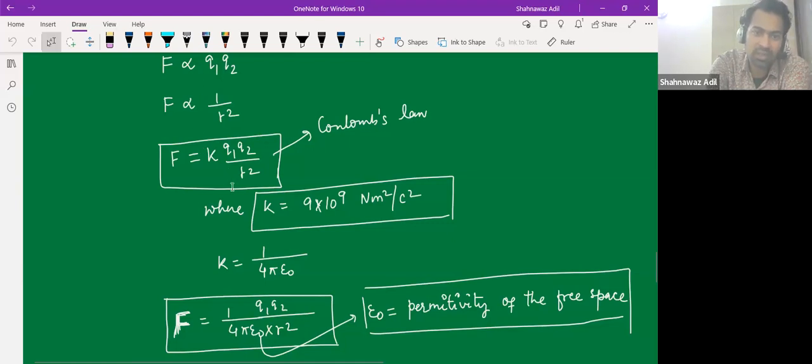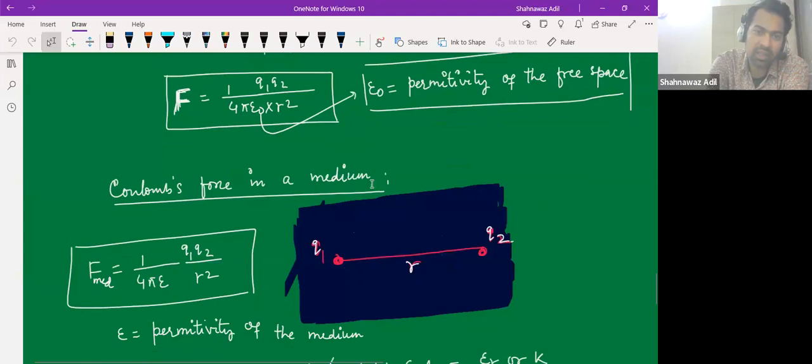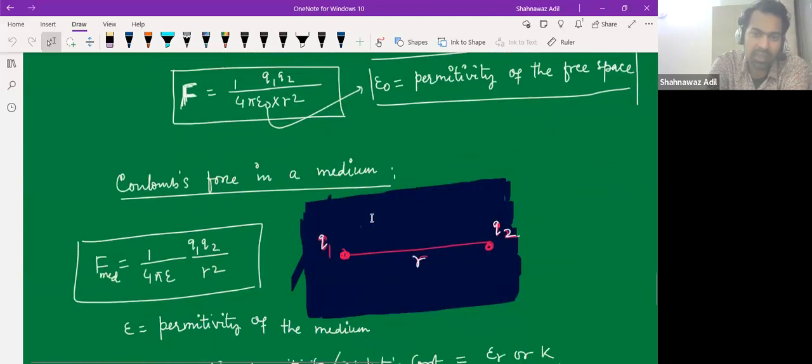Proportionality constant. So this k was this, right? Which is 1 by 4 pi epsilon naught. And this epsilon naught was the permittivity of free space, right? And then we saw what will happen to this Coulomb force when we put these two charges in a medium.